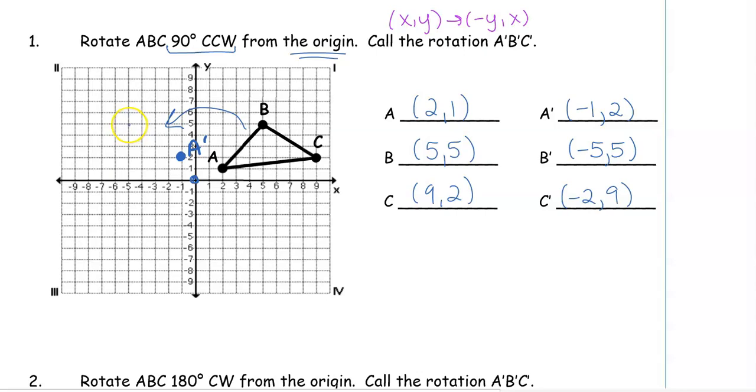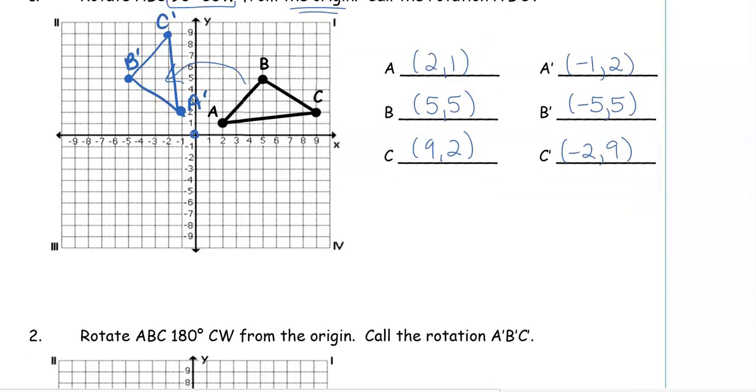(Negative 5, 5) is the image of B, so B prime. And the image of C is (negative 2, 9), which puts me at my image of C here. We can see that as we took this object in relationship to the origin, I rotated it one click to the left because that's going counterclockwise. This is where my image is going to end up.